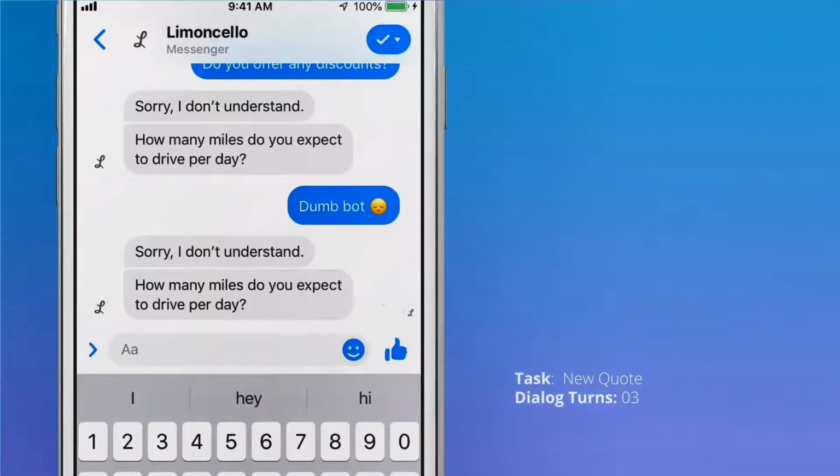As you can see, level 2 virtual assistants cannot handle it if the conversation deviates from what's designed, in this case.